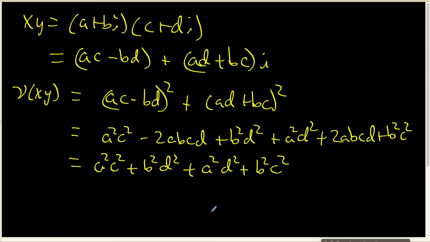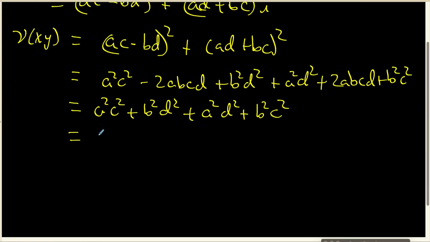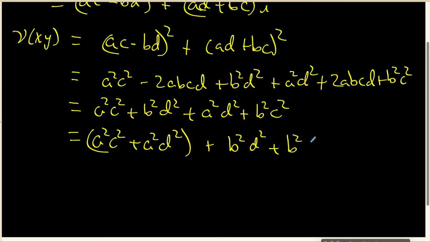And what I want to do is some partial factoring. So I'm going to rewrite this in the following way. We're going to gather up the two terms that have a squared in them. We've got a squared c squared plus a squared d squared, and then we've got b squared d squared plus b squared c squared. And when we do the factoring, we can easily see that out of this part we get an a squared that factors.